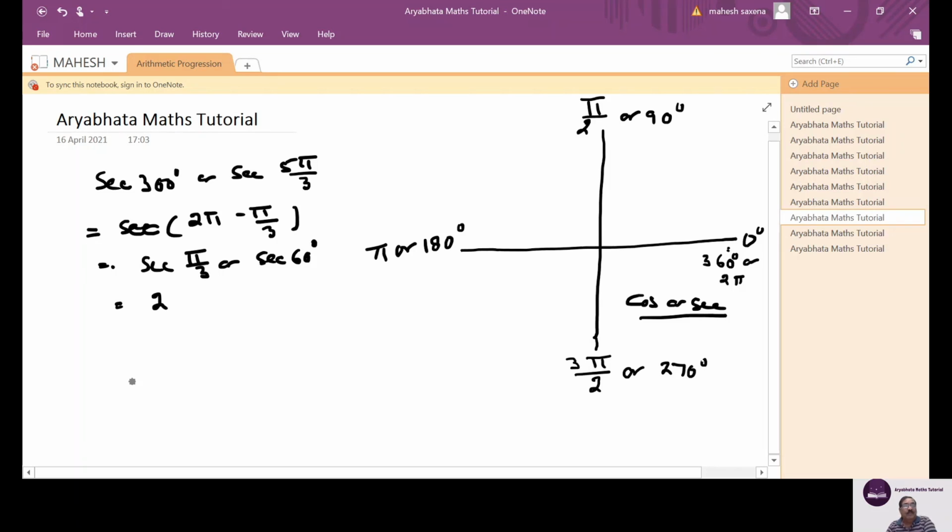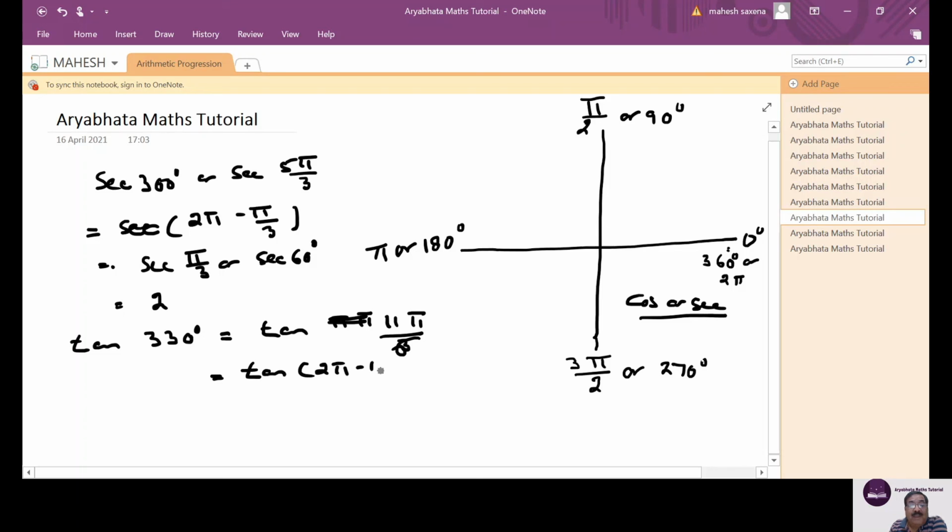Suppose we have to evaluate tan 330 degree. It can be represented as tan 11 pi by 6. This can be represented as tan of 2 pi minus pi by 6.